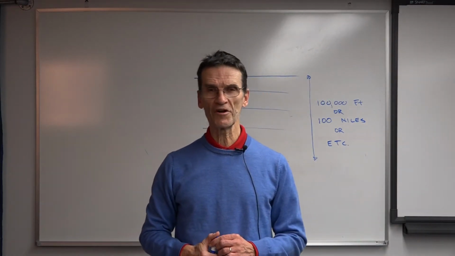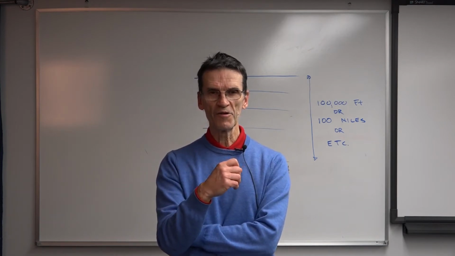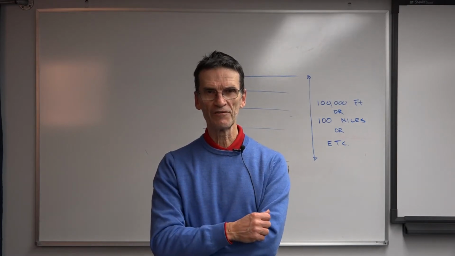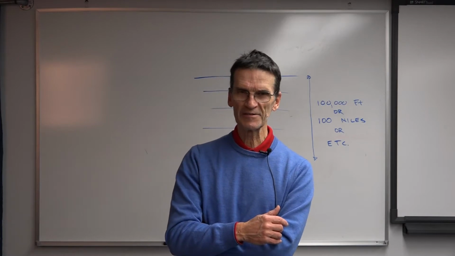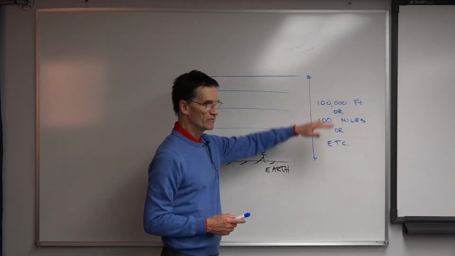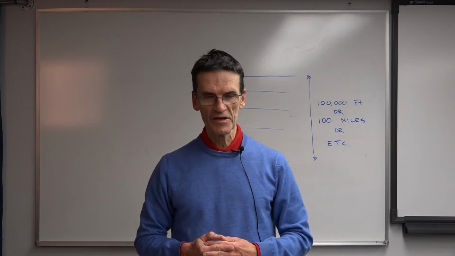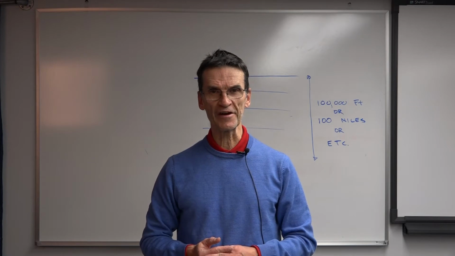You could say 120,000 feet or 150,000 feet. The point is, there's no exact number for how high the atmosphere is. But 100,000 feet would probably be the low limit for the height of the atmosphere. So when you go out at night, you're looking through 100,000 feet of air.